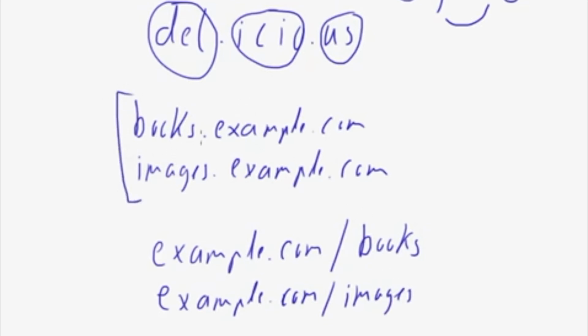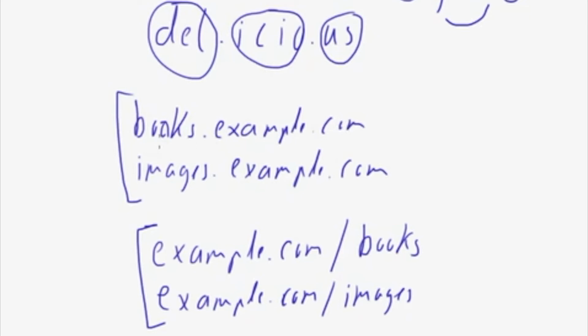What's a better approach? To organize my site in subdomains, or to organize my site in subdirectories? These are directories. Anything after a slash is a directory or an underunit of your main website. Whereas a subdomain is a completely separate website.